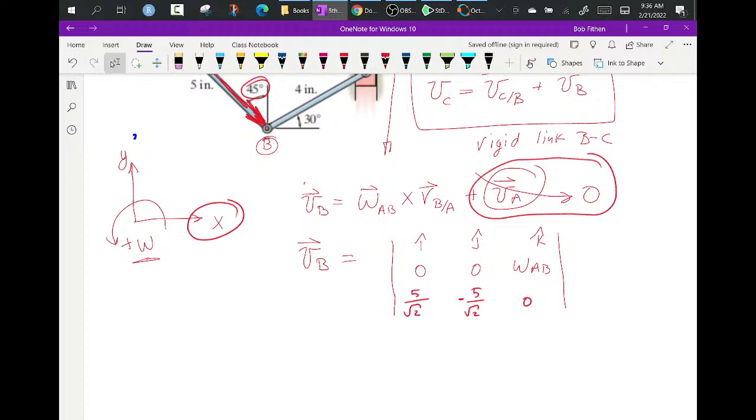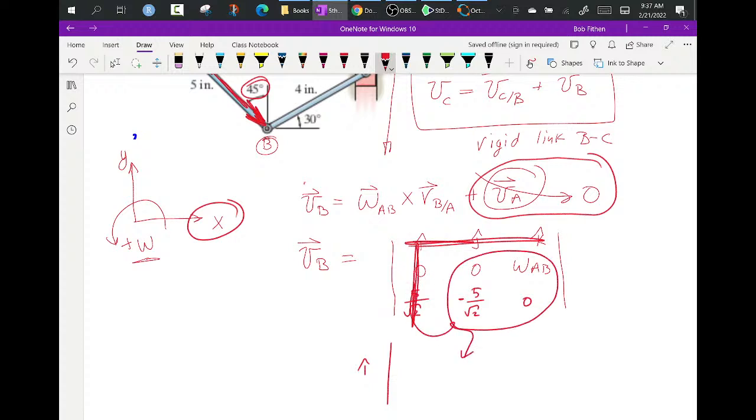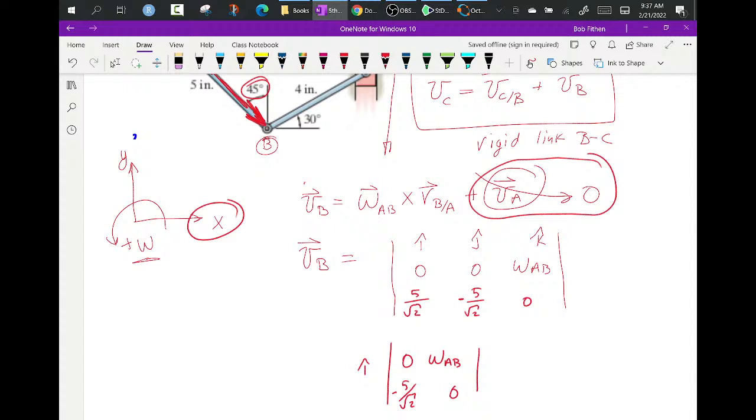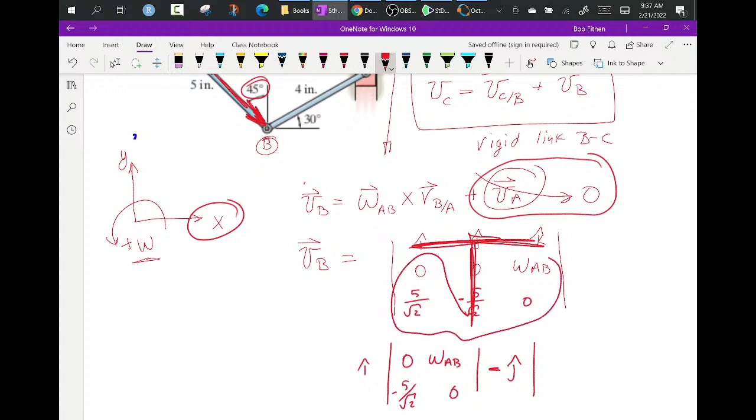So, you go do the cofactor expansion, you get this, you ace this out and this out, and then you look at copying this matrix down. So you get omega AB times 5 over square root of 2 and 0. And then you do minus because you're moving to the second one. And then you ace it out and this one out, and then you copy this down here. 0, omega AB, 5 over square root of 2, nothing.